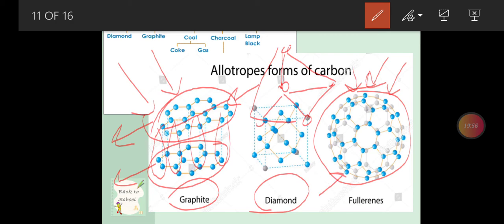Have you ever seen a soccer ball? It gives you the look of a ball, and all are still carbon atoms, and this happens in buckyballs. The different forms of an element in the same physical state are called allotropes. All these are allotropes of carbon, and you can see how the arrangement of atoms matters a lot, and this changes the whole properties of that substance.